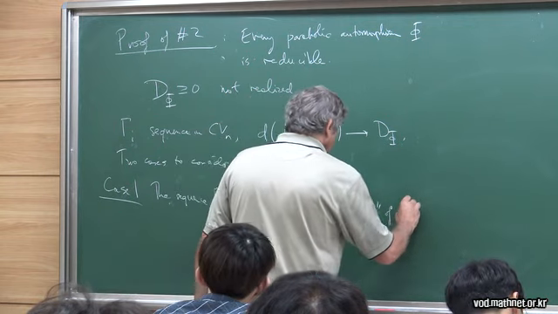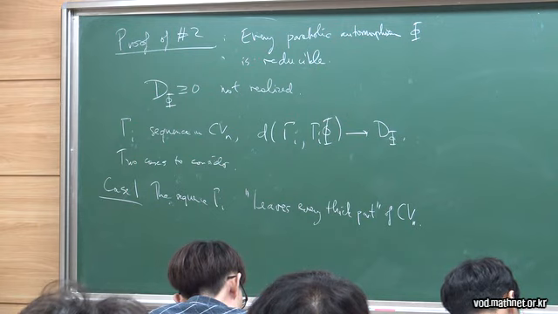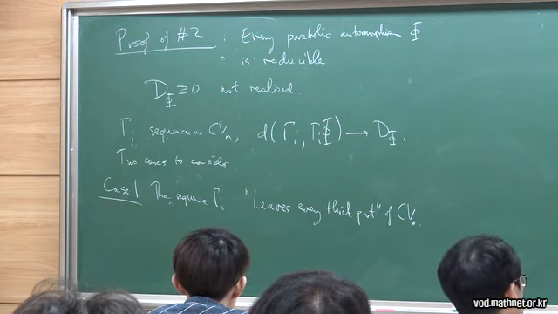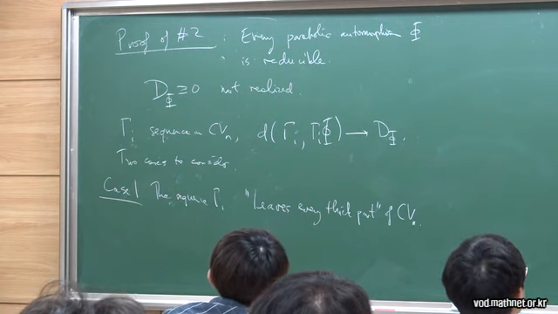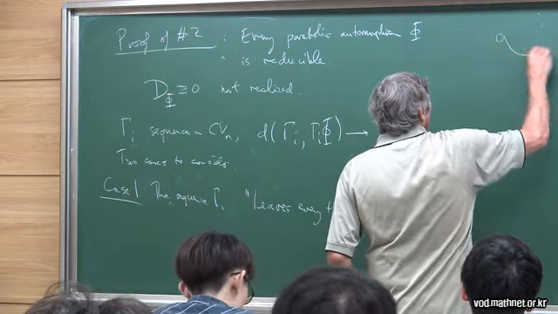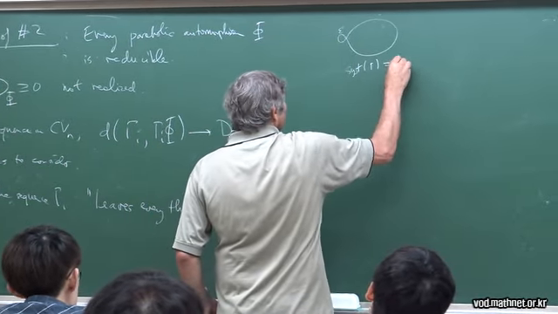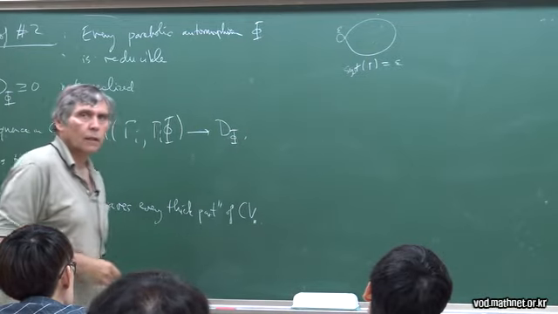of CVN. So every graph in CVN has an injectivity radius, which is somehow a systole. It's the shortest non-trivial loop, right? So for example, the systole of this graph is epsilon. That's the smallest loop you see in there.